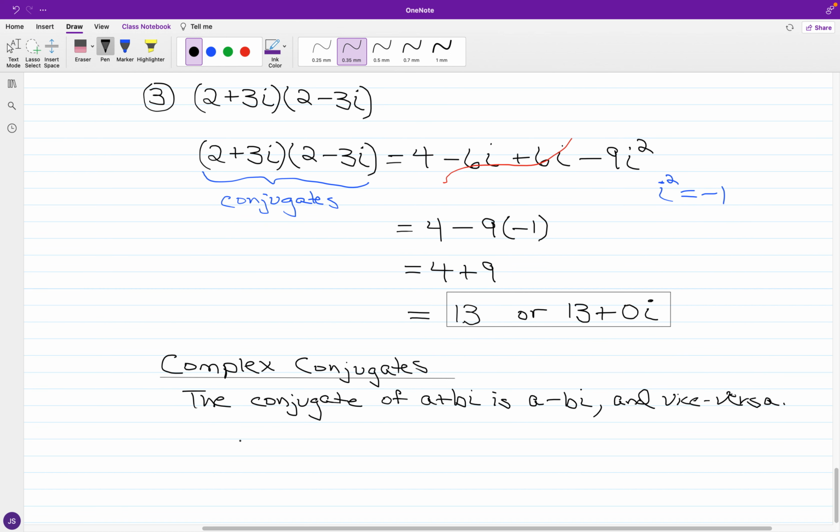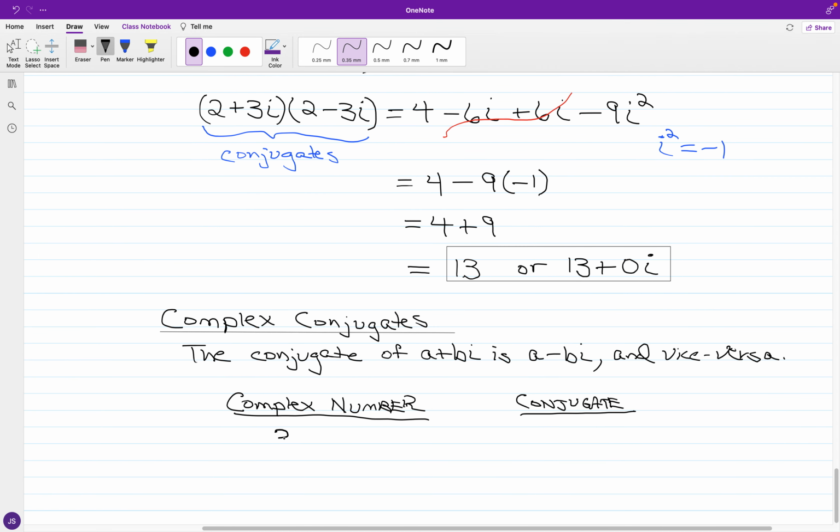And let's say that if I have a complex number, and I'm looking at attaining the conjugate that corresponds. Okay, say if I have a complex number, like 3 plus 5i.